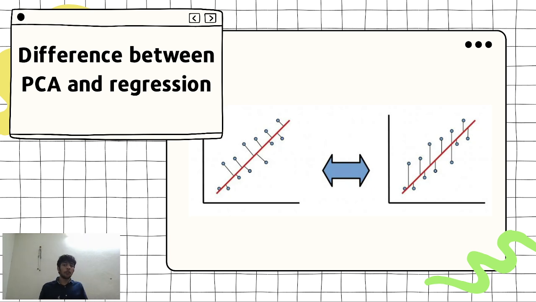Another thing is, linear regression is invariant to scaling. What I mean by that is, if I take my data and stretch it along one axis, suppose the x-axis, and then perform regression, and then stretch it back, the line of best fit that I obtain will be exactly the same as if I had never performed the stretching.